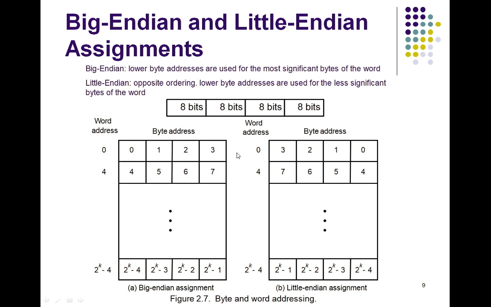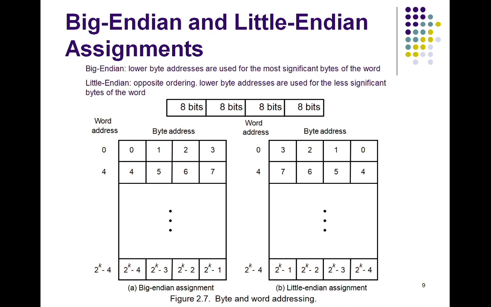For example here, as I told, this is the least significant byte, and this is the most significant byte. So here 0 is the least byte address, or the lower byte address. If the lower byte address is used for the most significant byte, this is known as big endian assignment.